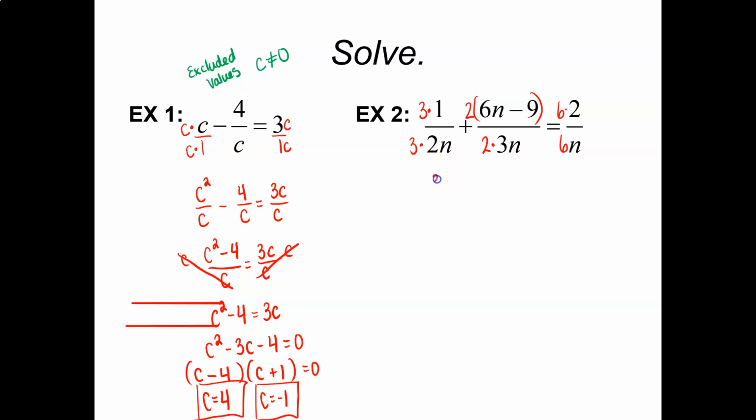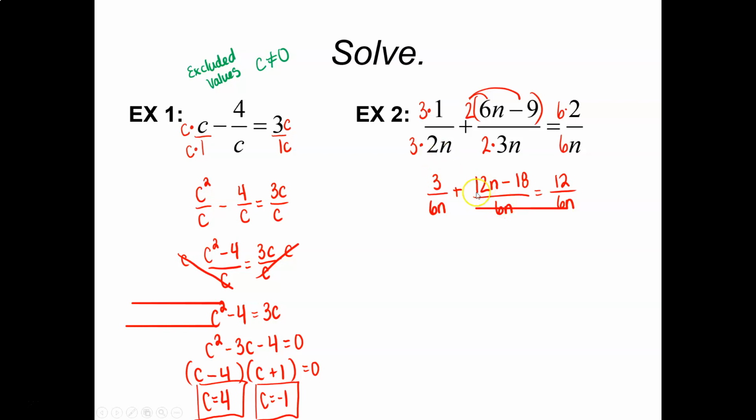So I've got 3 over 6n plus, I'm going to go ahead and distribute here, 12n minus 18 over 6n equals 12 over 6n. Now, I'm going to shortcut this a little bit just to save some time.